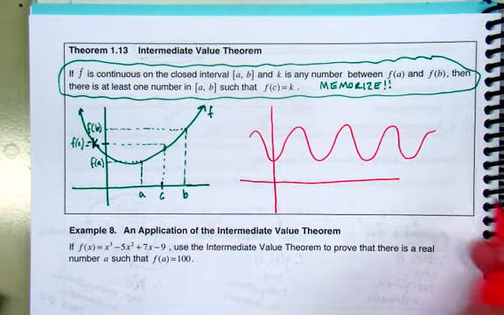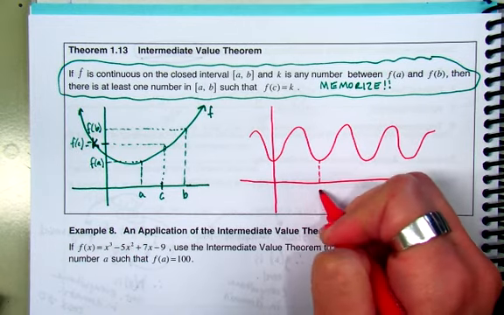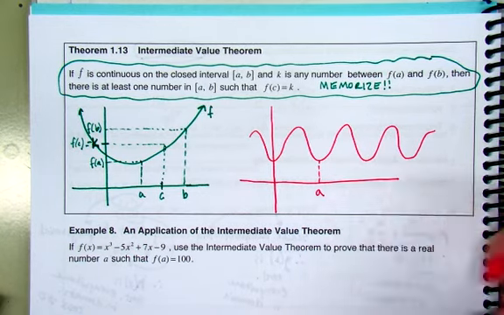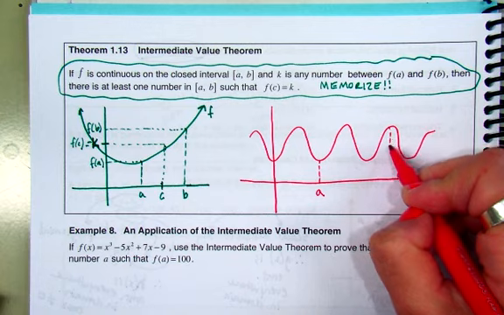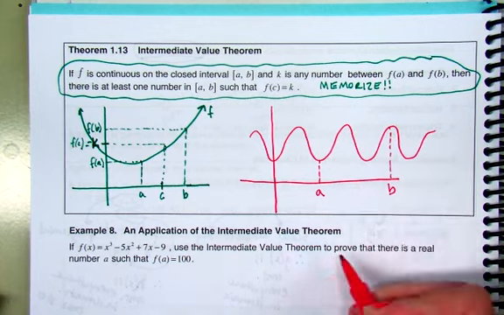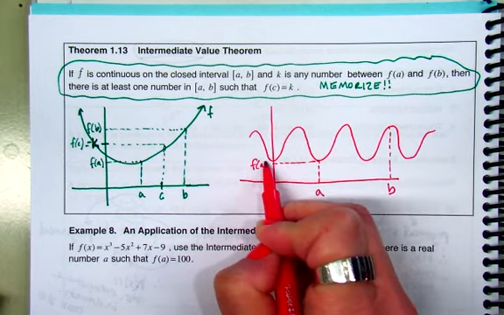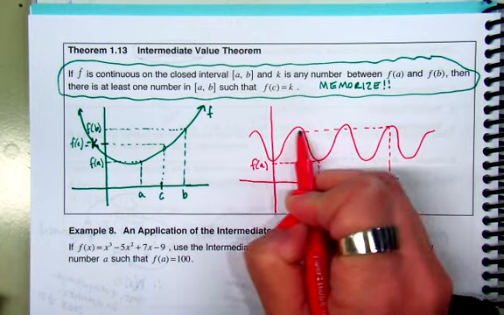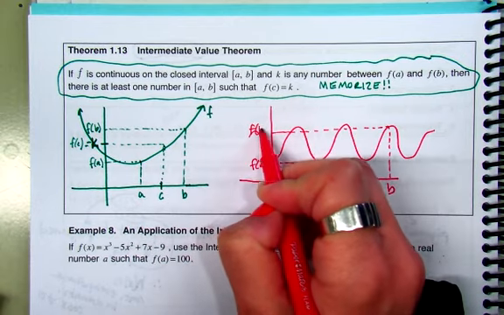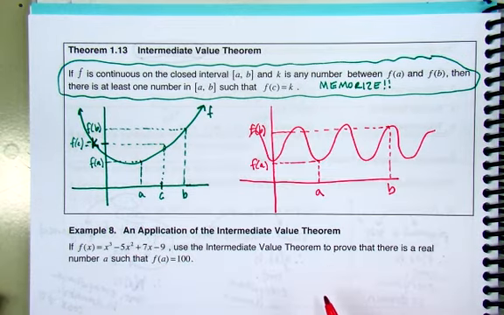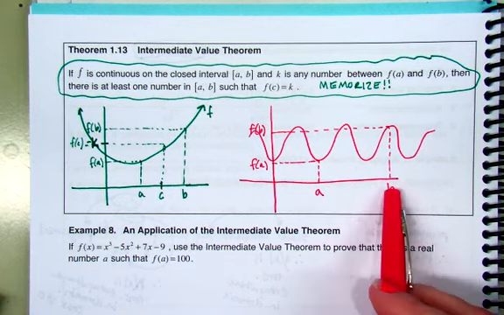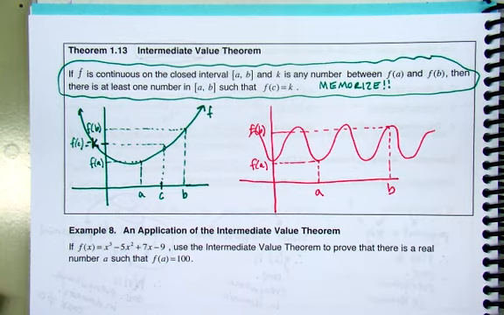And again, we have an interval from a to some other b, and I've got f of a and f of b. The intermediate value theorem says, again, that there is at least one number between a and b such that f of c is going to equal k.